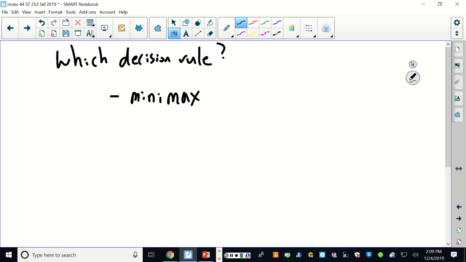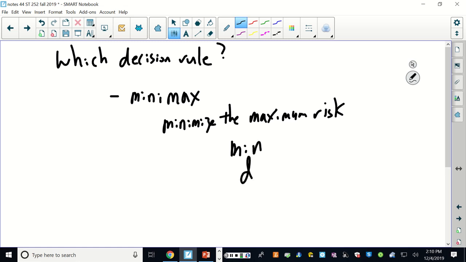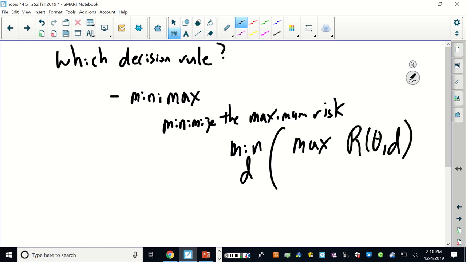And so this is minimize the maximum risk. As a math function, you're minimizing over the different decision rules the maximum risk that you could have under each decision rule, where theta is from its different options.